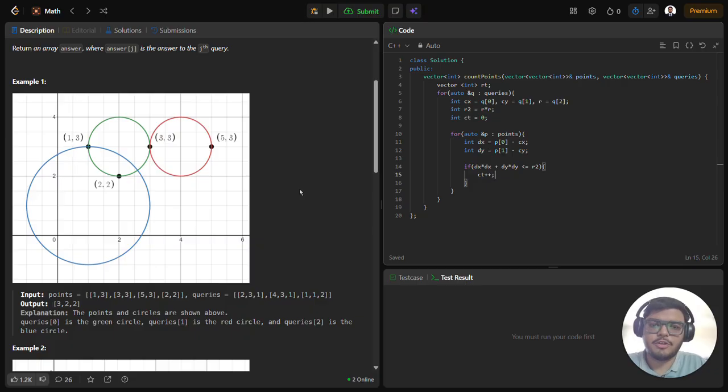For every point we compute dx and dy, the difference in x and y from the circle center. Then we check if dx squared plus dy squared is less than or equal to r squared. If yes, then the point is inside or on the border, so increment ct. No square root anywhere. So that's the basic thing.